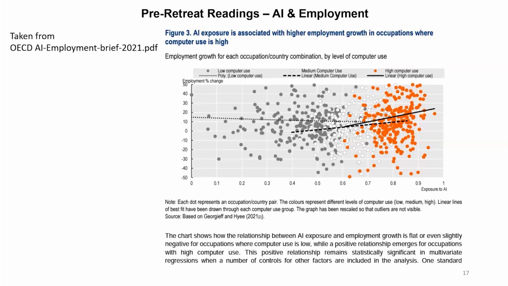We probably would belong to the region where you have orange dots, where there is high computer use. But there will also be jobs that will be replaced, so this is a negative change in employment percentage. I think it's very important for us to place our students on the right side of the curve, so that they will not be adversely affected by the emergence of AI.